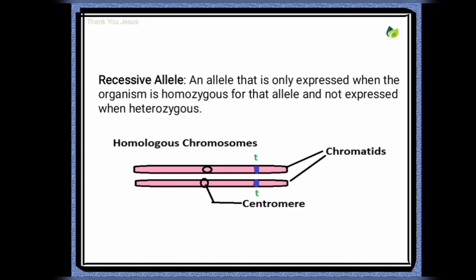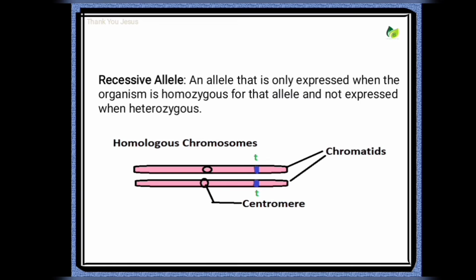recessive allele. An allele that is only expressed when the organism is homozygous for that allele and not expressed when heterozygous. Look at the diagram carefully. When it is paired with a dominant allele, it will not express. It is expressed in the homozygous condition only.